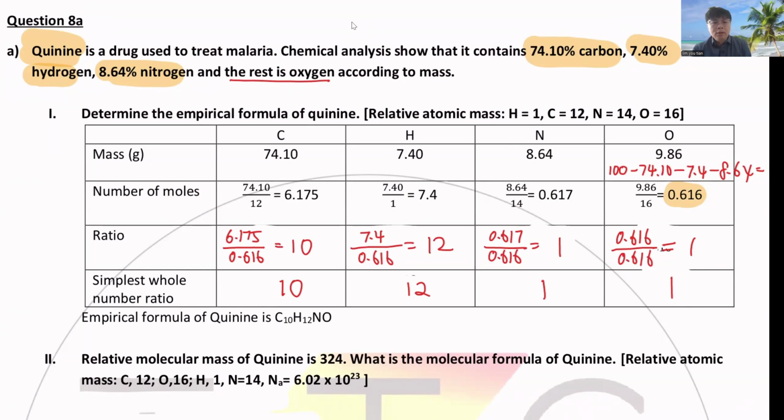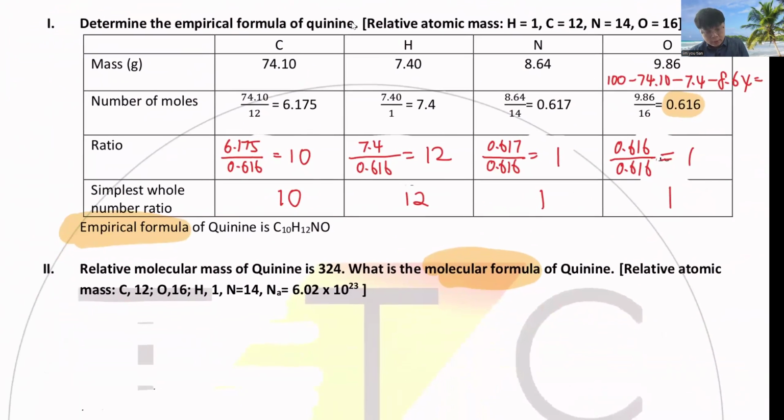Okay. Now, once you get the empirical formula, they will need you to calculate the molecular formula. So remember for this type of question, you write out the steps like this: the empirical formula is like this, and the molecular formula is bracket n.